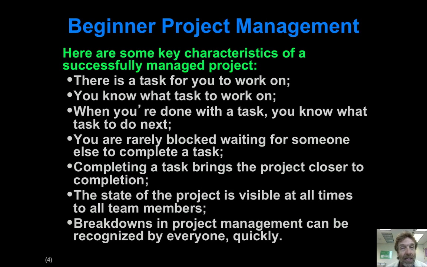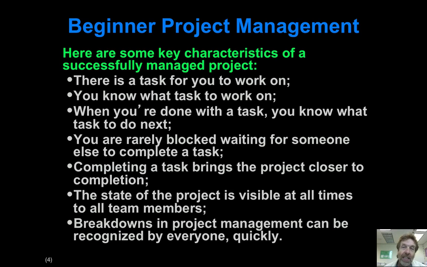Secondly, you know what task it is that you should be working on at all times. You know when you complete a task what the next task should be. Rarely, if ever, are you blocked and can't do anything because you're waiting for somebody else to complete their task. And if you do a task, it's actually bringing the project closer to being complete.